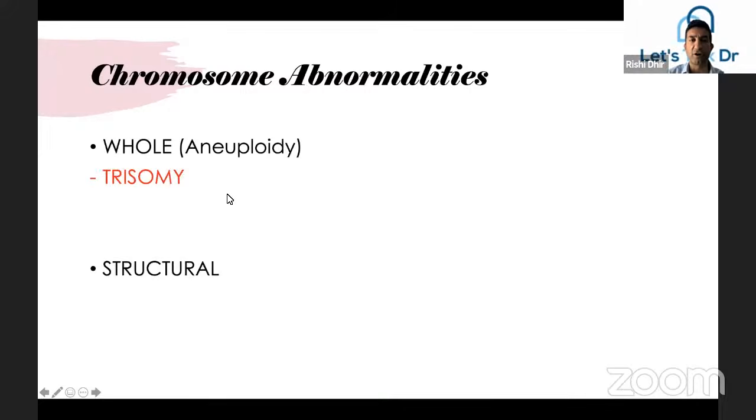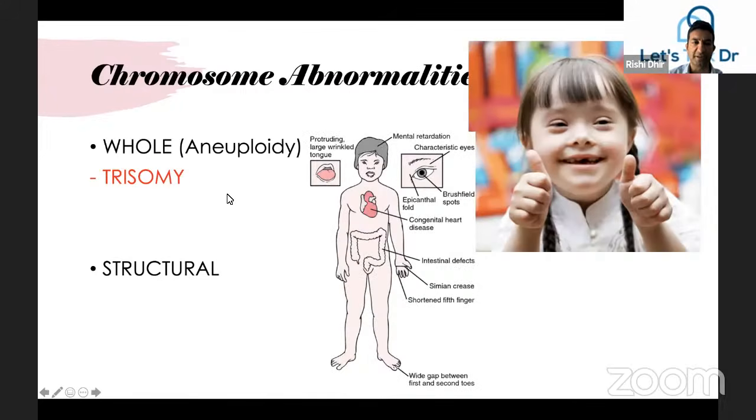The other whole chromosome abnormality is called trisomy, and that's where you gain a chromosome. The common example we hear about is Down syndrome, trisomy 21. Typically you get features of mental retardation, characteristic eyes, congenital heart disease, intestinal defects, and a wide gap between the first and second toes.